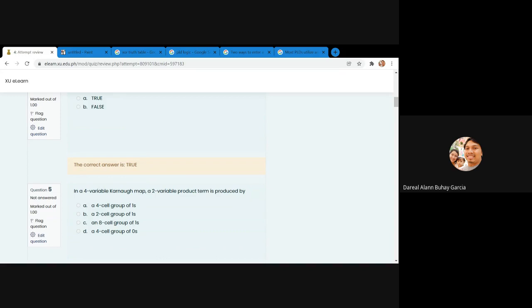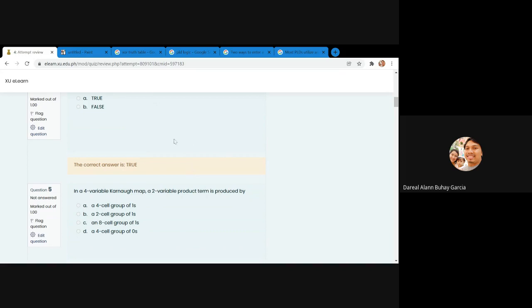So, cross out D, kay di man taga circle of zeros sa K-map. So, naa ning A, B, or C. If nag-circle na either 4 or 2 or 8 cells, makaproduce daw ta og 2-variable product term.